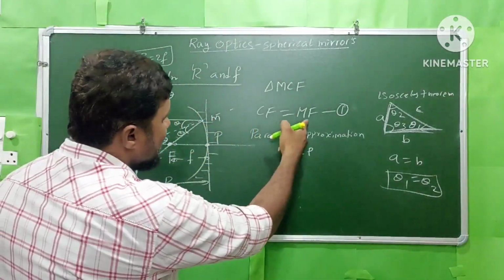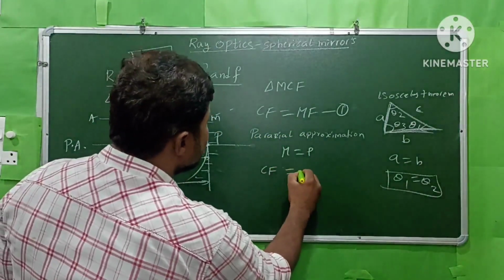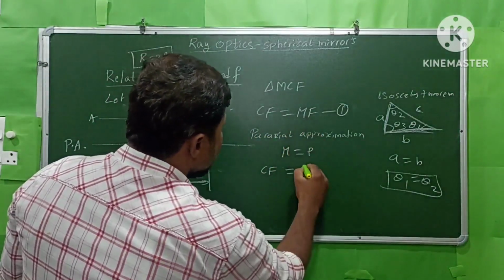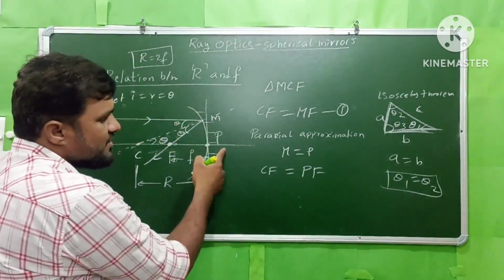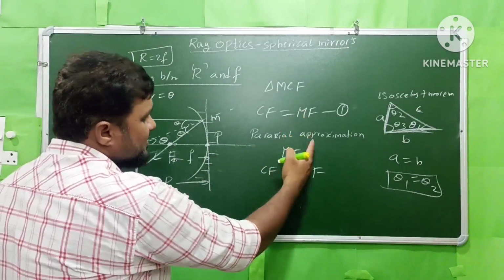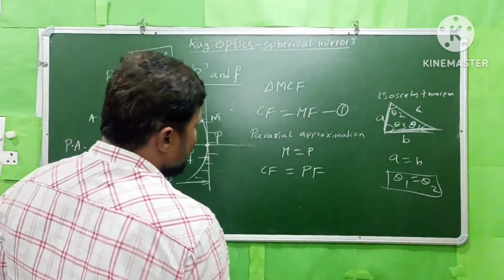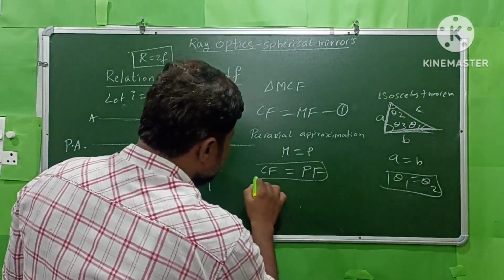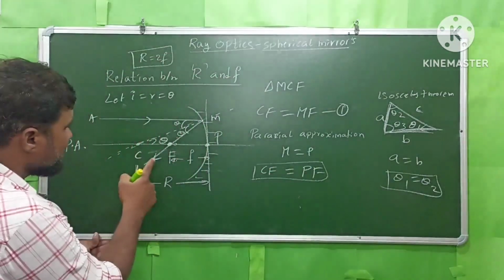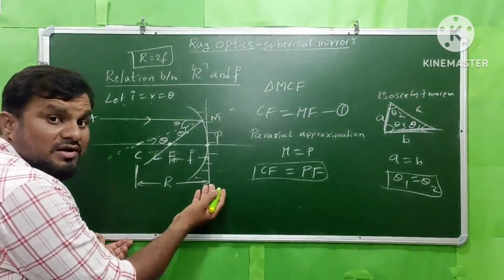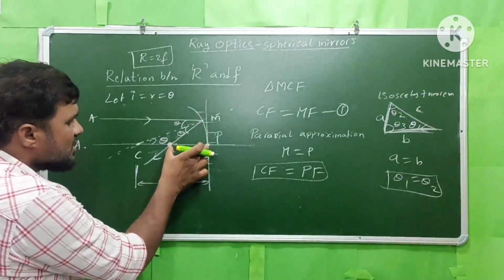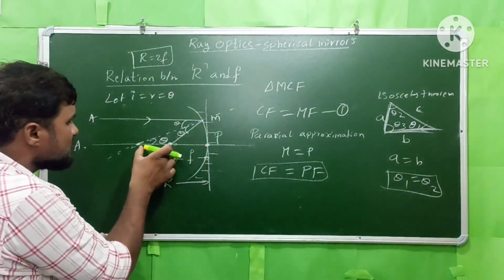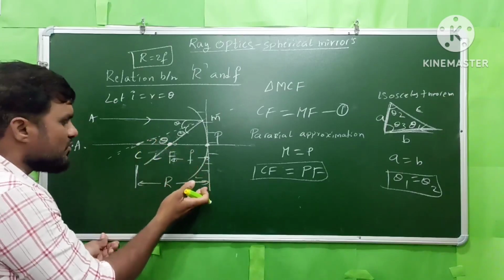So can I write M is equal to P? Why? Because M coincides with P. Now from 1 we can write CF is equal to PF. Why? Because M is P. CF is equal to, where M is P, PF. If you observe this relation, what about CF? We already discussed that the distances from pole to focus and focus to center of curvature remain equal.